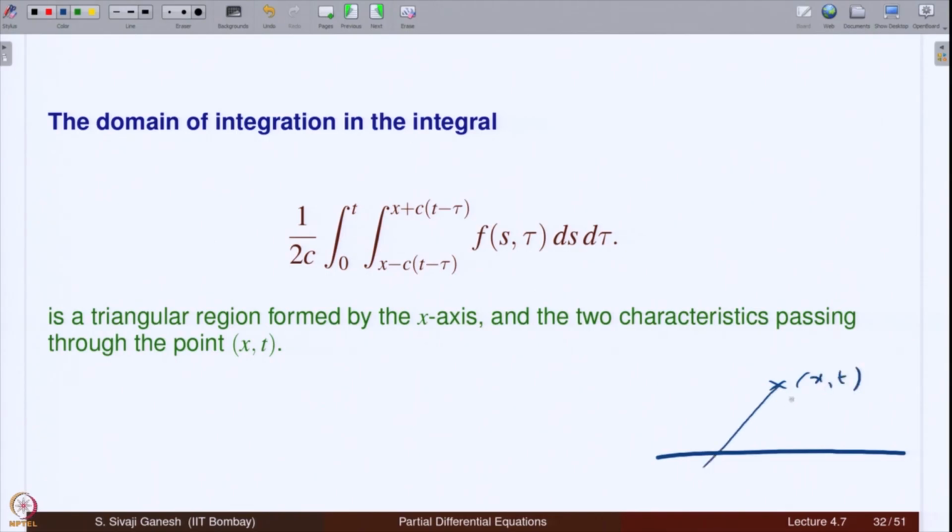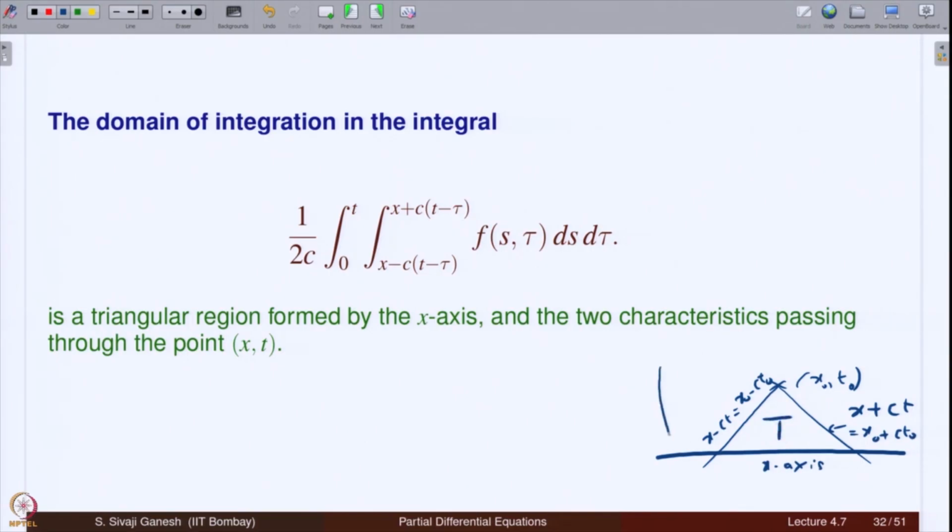These are the lines going through it; we should have used x naught, t naught. Then this is x minus ct equal to x naught minus ct naught, that is the line, and this line is x plus ct equal to x naught plus ct naught, and this is the x axis. So this is the triangular region.